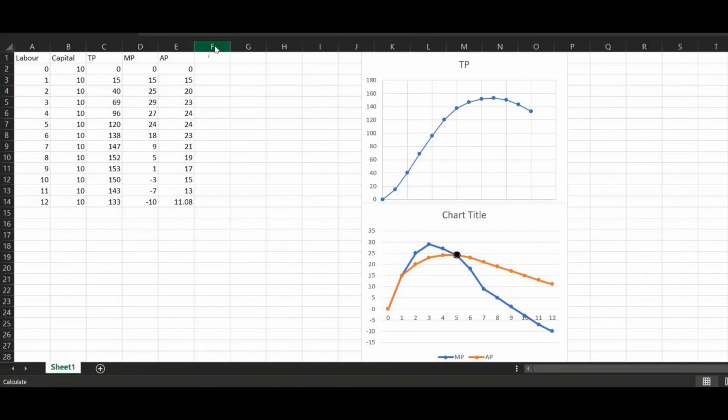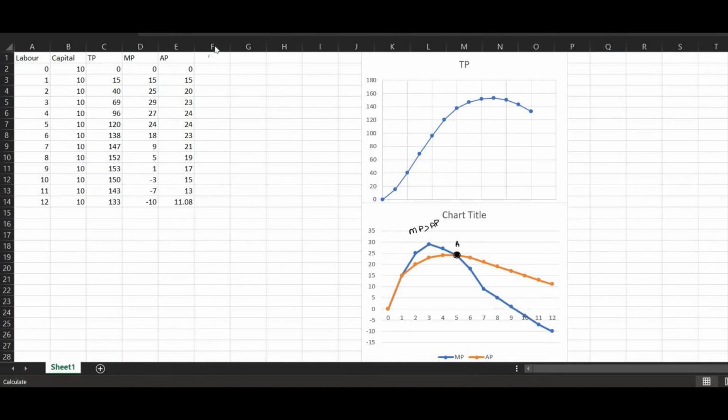For example, we are considering this is point A. So before point A, what is happening? The curve of marginal productivity is more than the curve of average productivity. Marginal productivity is above the average productivity.